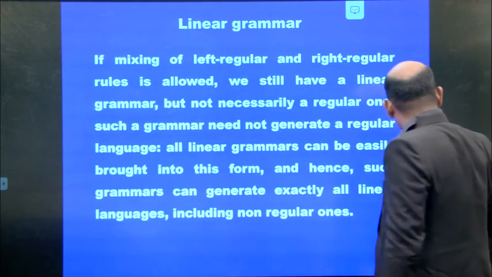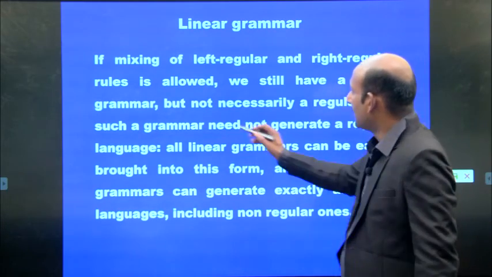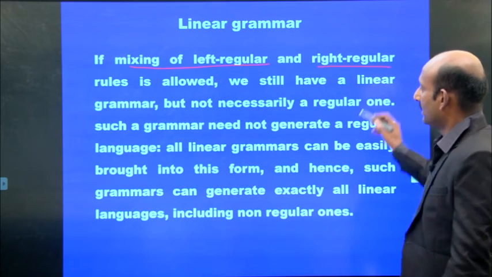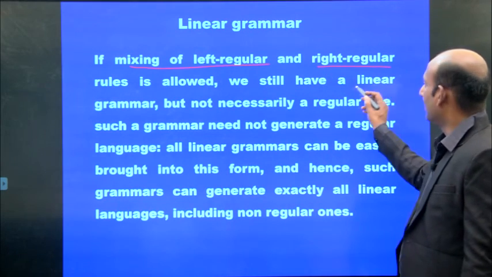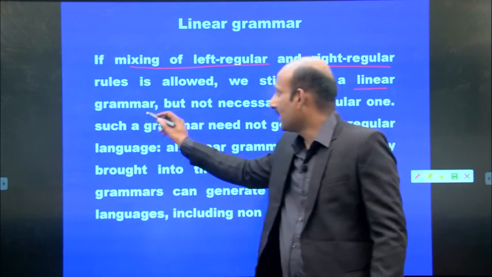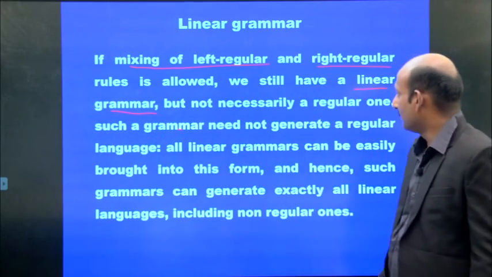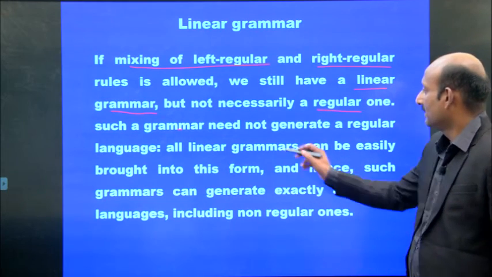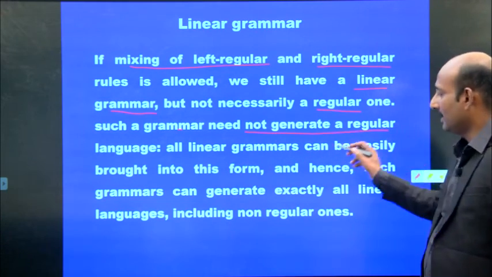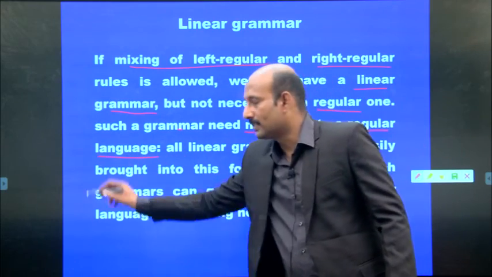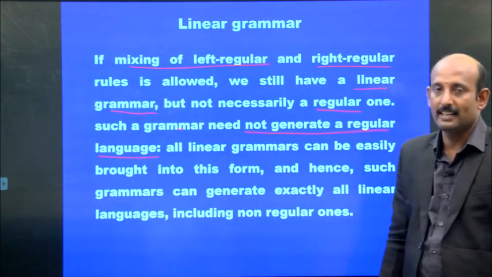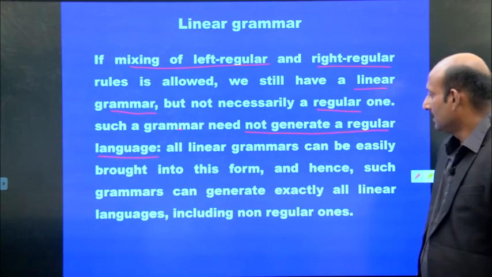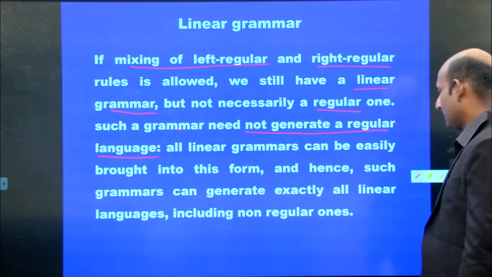In this case, mixing of left regular and right regular is allowed, and we still have a linear grammar. This grammar is linear but not necessarily regular. Such a grammar need not generate a regular language. So those types of grammars do not necessarily generate regular languages.